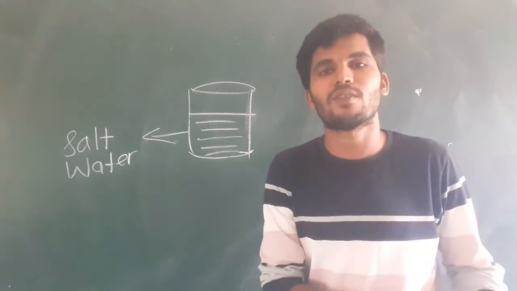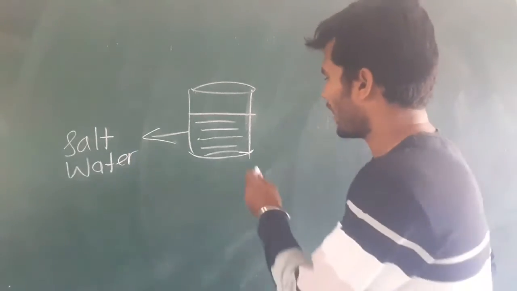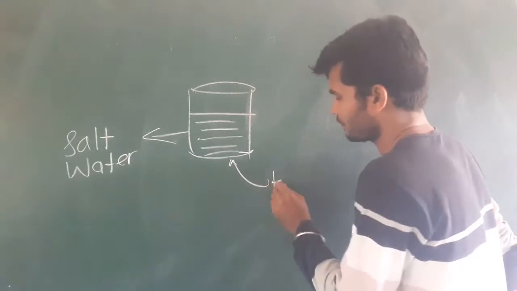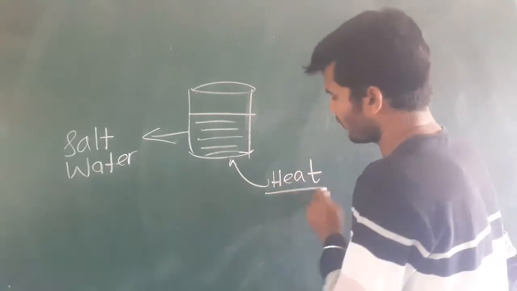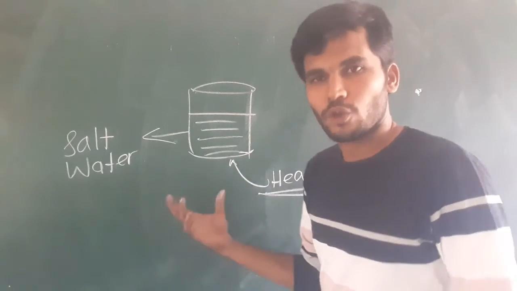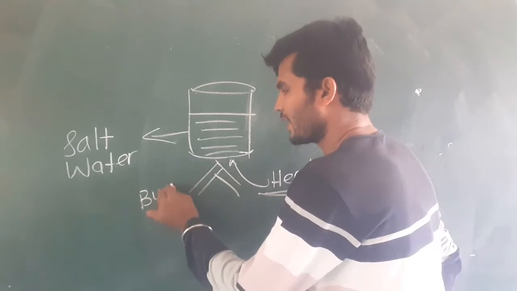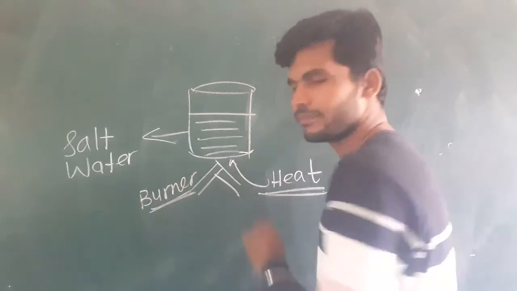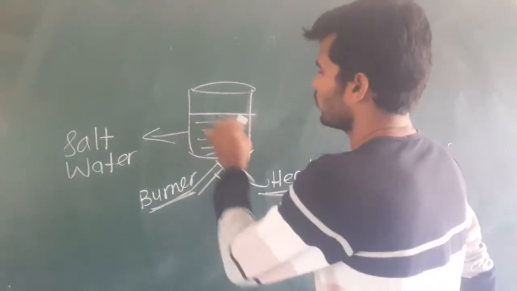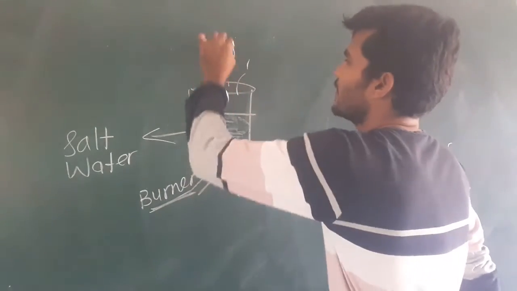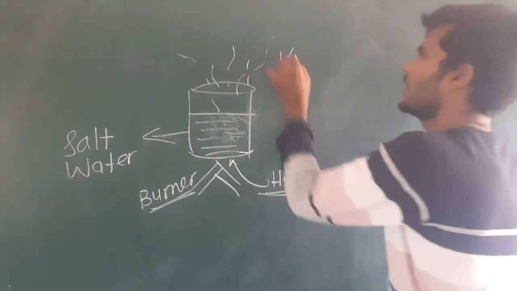In 6th class also we have studied this, that if I will provide heat to this solution, यहाँ पे suppose मैंने एक burner रख दिया, burner क्या करेगा? Heat provide करेगा. So what will happen? Slowly, जैसे temperature बढ़ेगा, this liquid will vaporize.